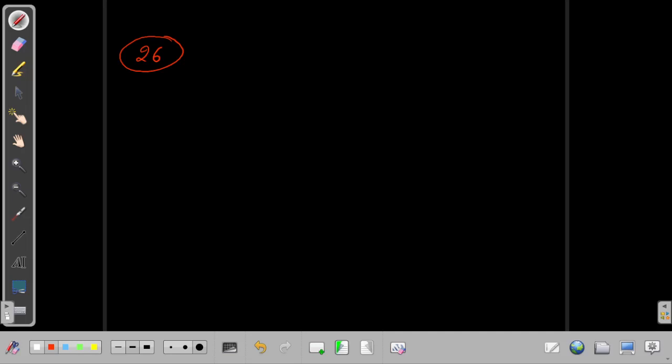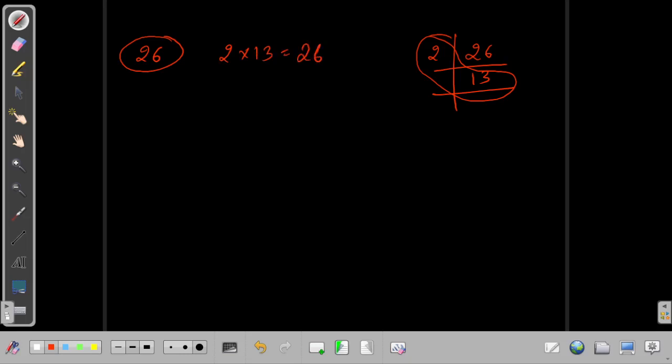You do the division: 2 13s are 26. So can we say this 26 is a perfect square? No. Here the multiples are 2 into 13, which becomes 26.